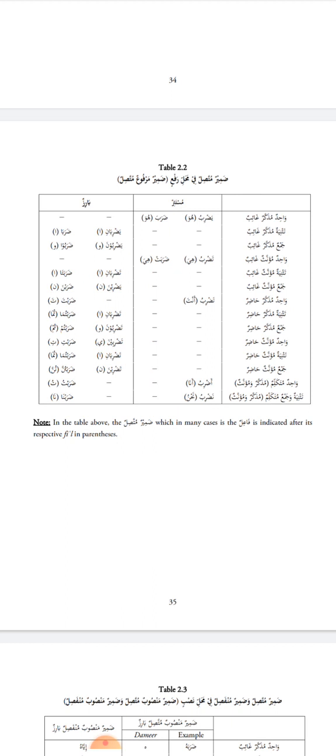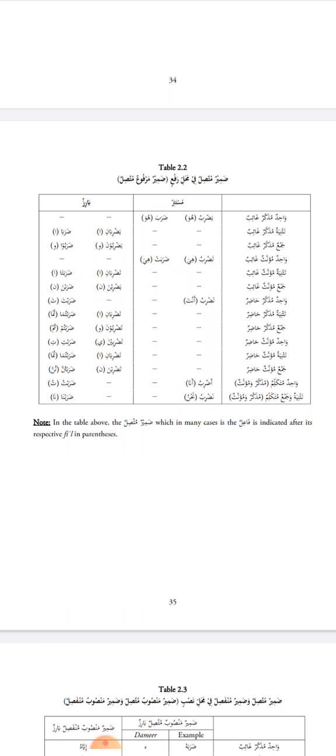And if the final letter has a kasra, then it becomes hi: min kitabihi, fi baytihi. And if you attach hiya, the dhamir used for singular feminine third person, you get ha: kitabuha, qalamuha, etc. So you need to memorize the table. Very important.